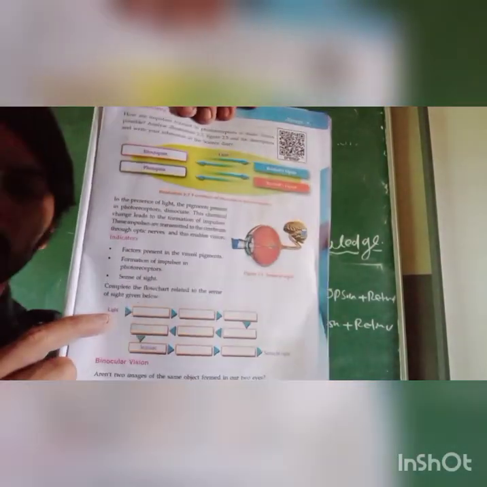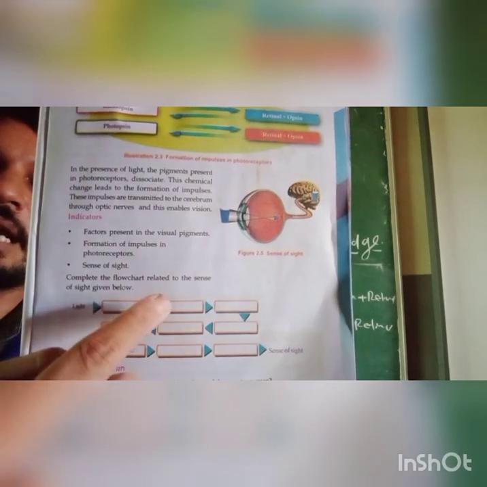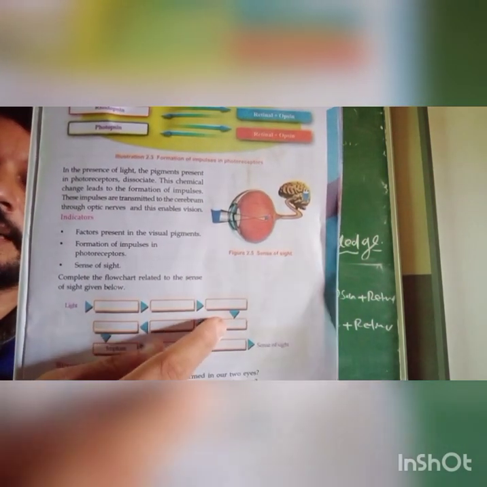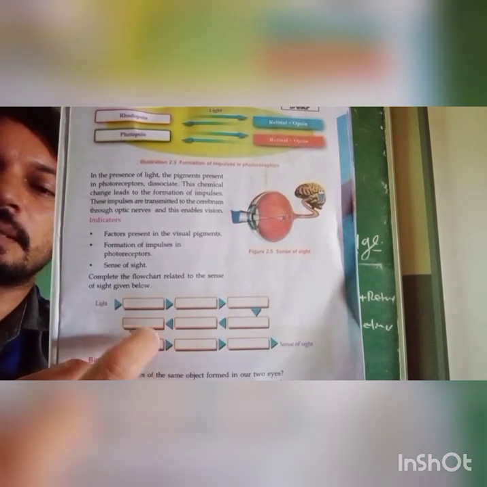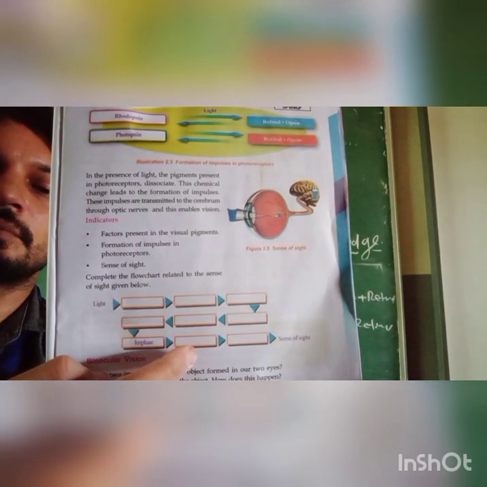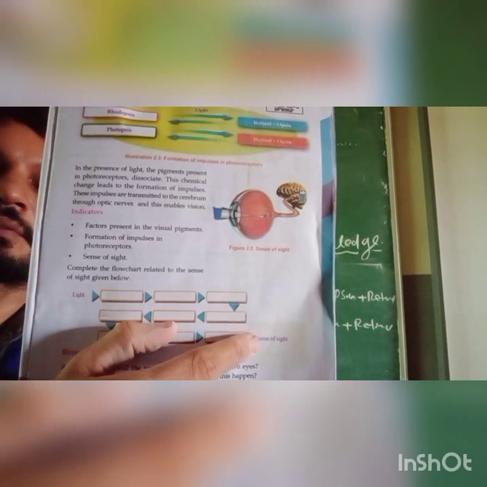Say: light, cornea, aqueous humor, pupil, lens, vitreous humor, retina, impulse, optic nerve, brain, sense of sight.